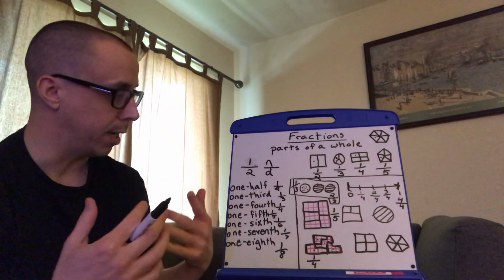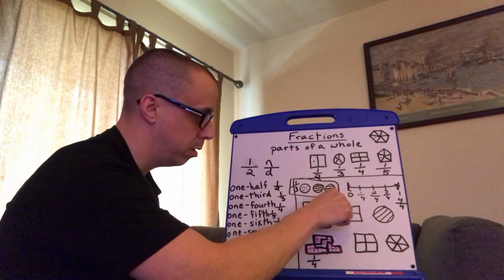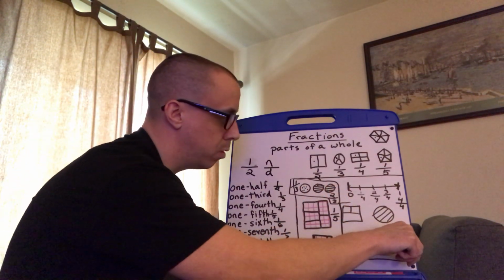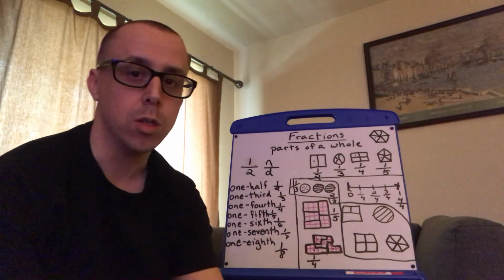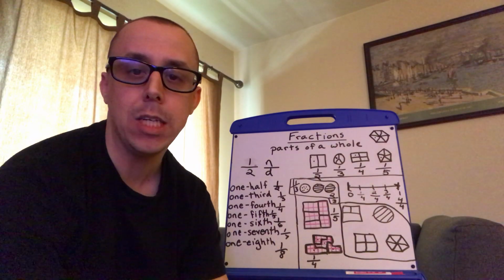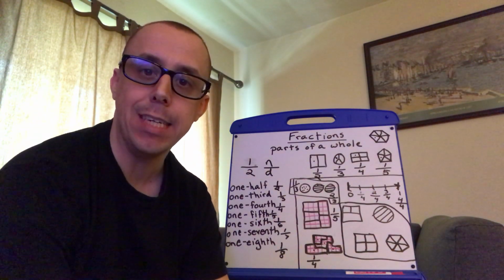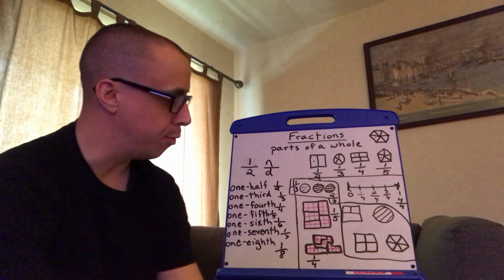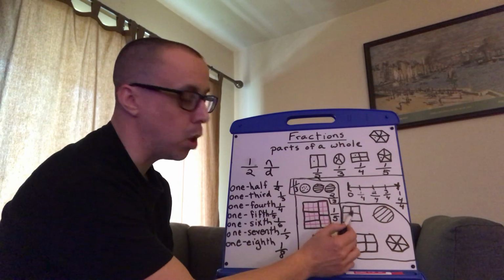So, for example, when I erase this, okay, let's just look at these 4 shapes here. All right, so what we need to do first, we need to make sure that each portion of the shape is divided evenly or equally. So if we look here, okay, this has 3 different parts, right?